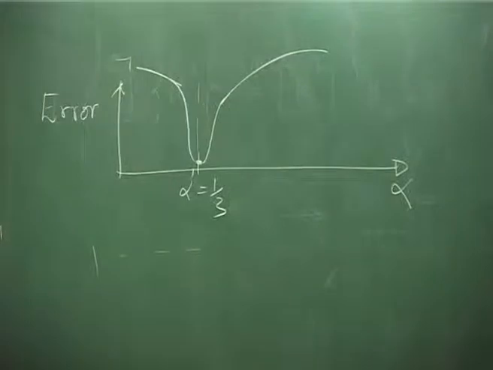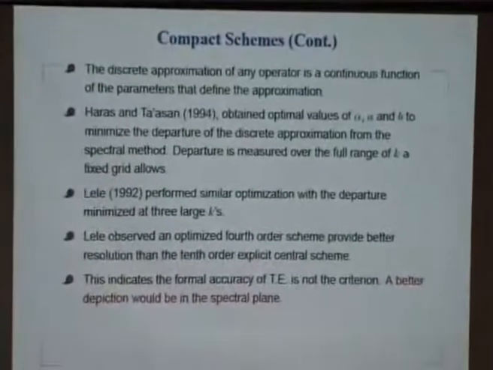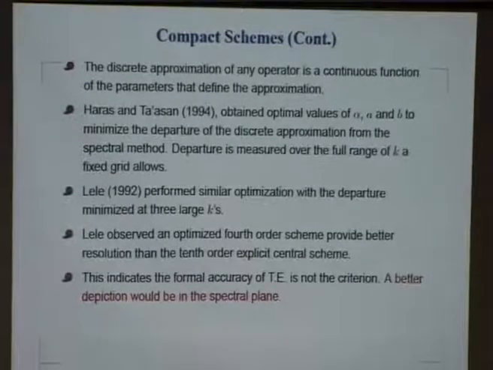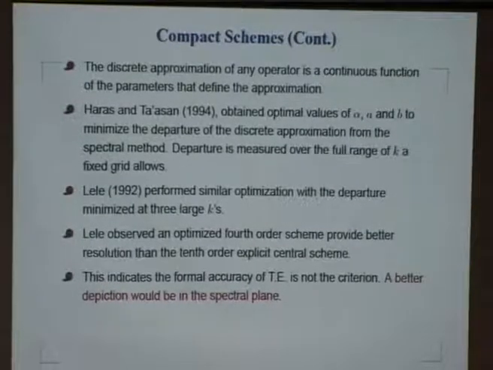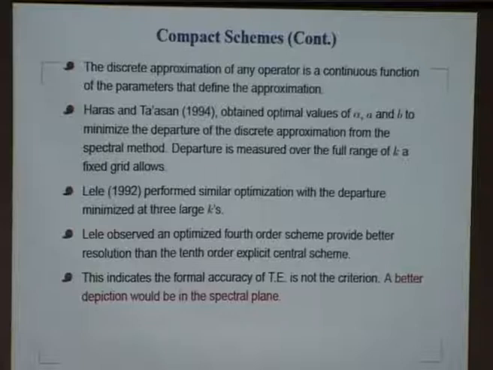This issue was addressed by two scientists from Israel, Harten and Tadmor. They obtained the optimal values of alpha, a and b, to figure out how this numerically established derivative departs from the exact one, a very accurate method of evaluating.